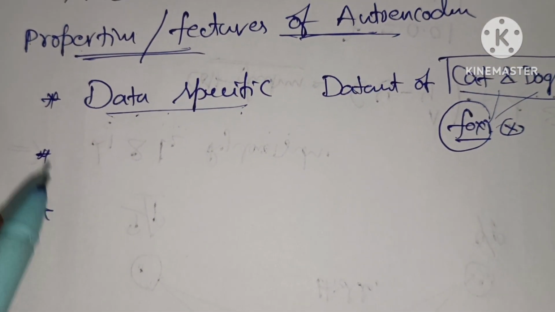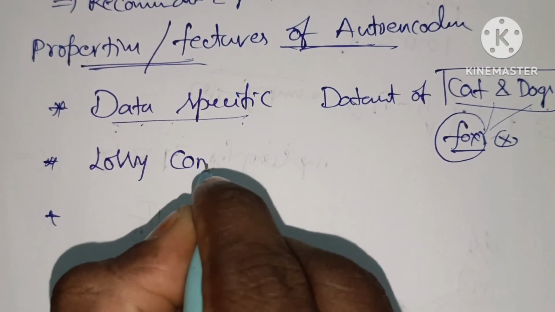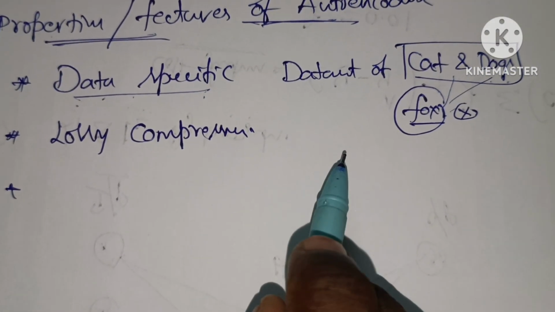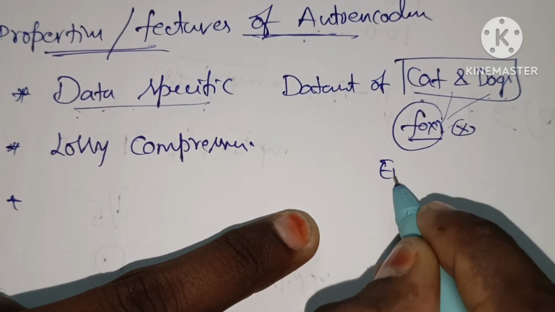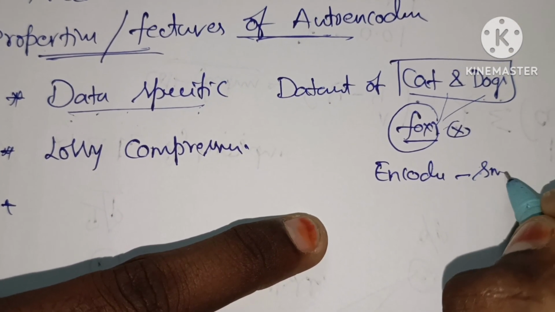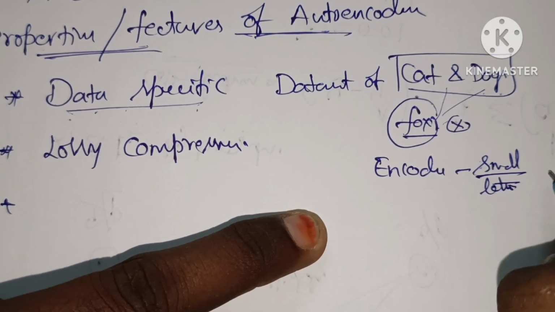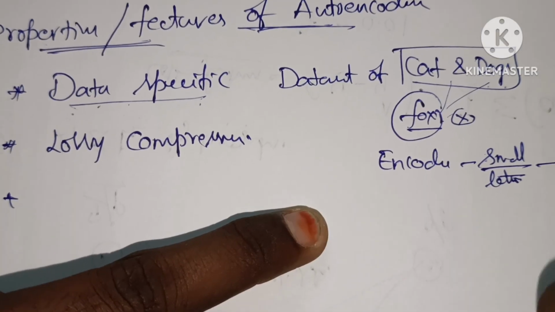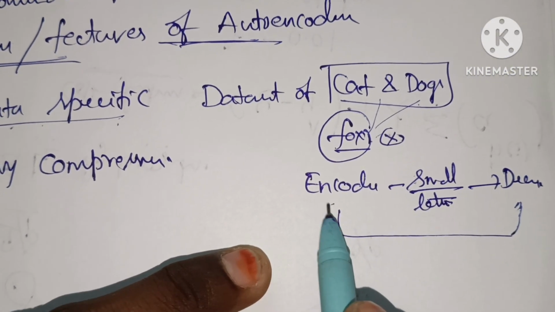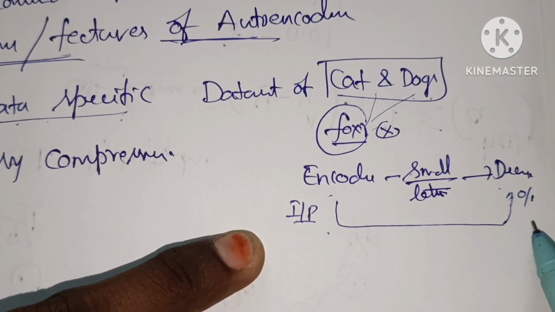Is it clear? Next one is lossy compression. That means the autoencoder first goes for encoding, then a smaller size latent representation, and then goes for decoding. For encoding and decoding, the initial input and the decoded output are to be the same.